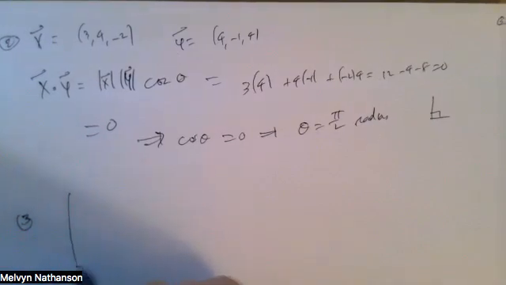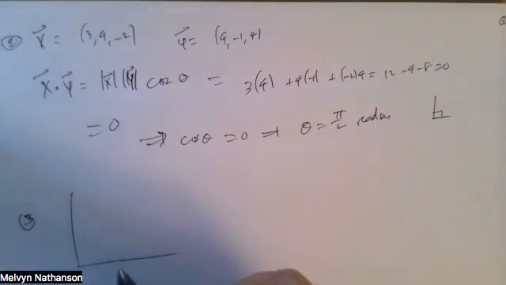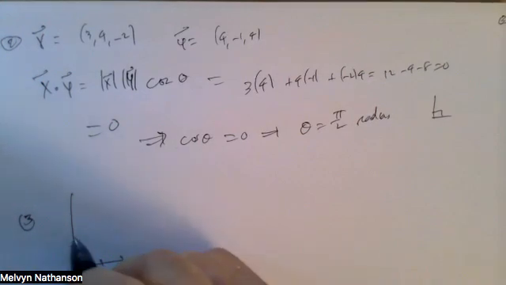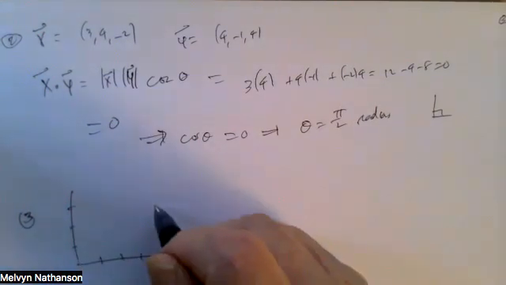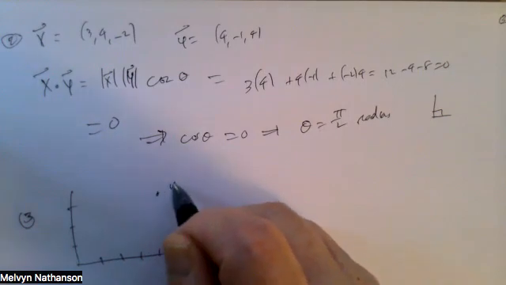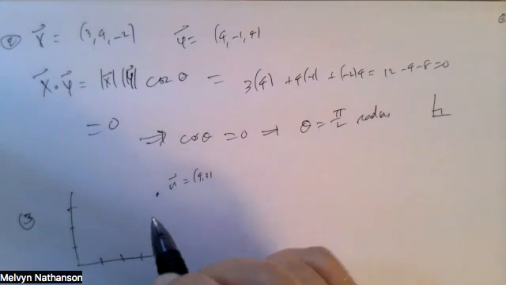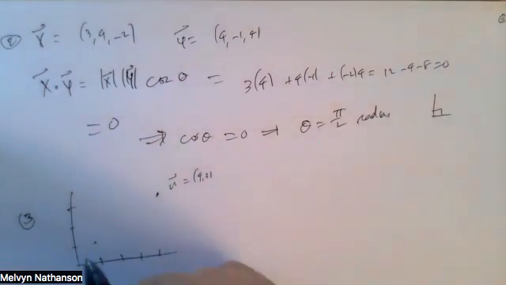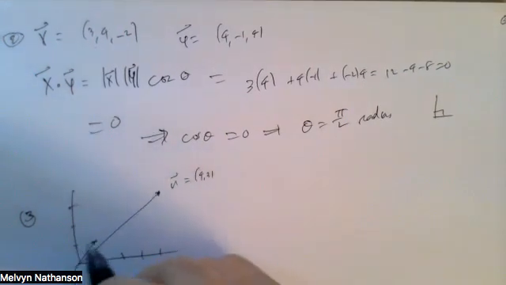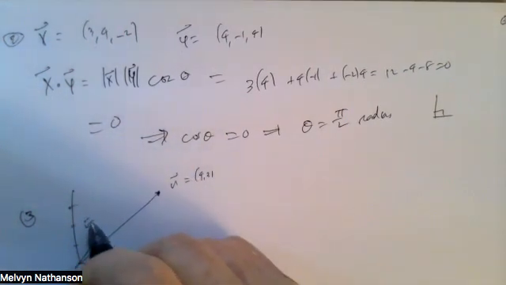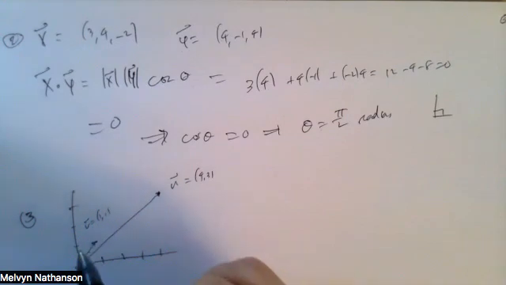In problem 3, we have the vectors u, which is 4, 3, and the vector v, which is 1, 1.